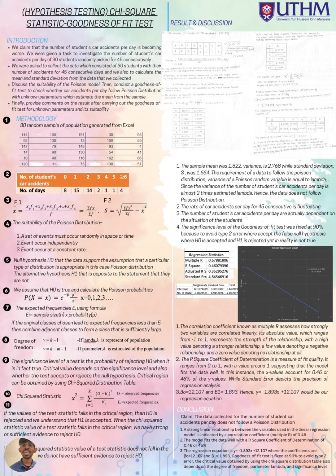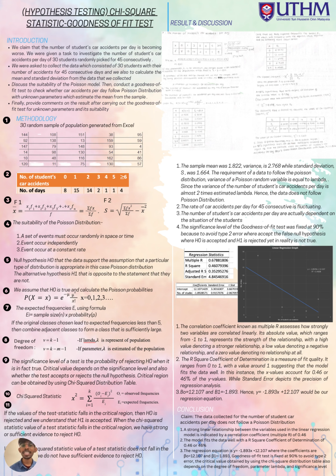Then the R square, the coefficient of determination, is a measure of fit quality in the range from 0 to 1, with a value around 1 suggesting the model fits the data well. For instance, the X variable accounts for 0.46 or 46% of the Y, while the standard error depicts the precision of the regression analysis, and the value is in the regression statistics table.